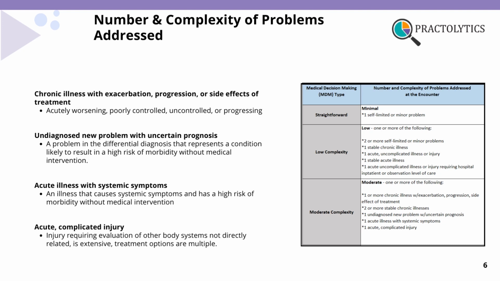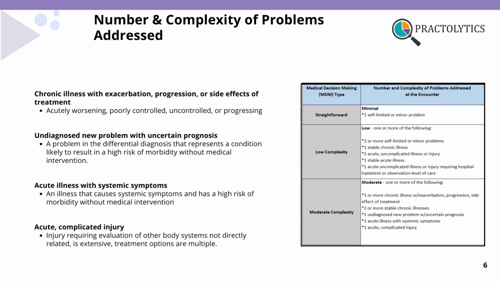Basically, a chronic condition with exacerbation. Another point you need to remember is that if there is an exacerbation of the chronic condition, you might want to identify whether it's a mild, moderate, or severe exacerbation, because there's a lot of difference between a mild exacerbation and a severe exacerbation, even for the medical decision making process.